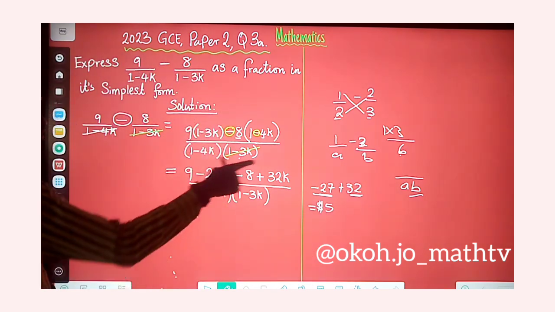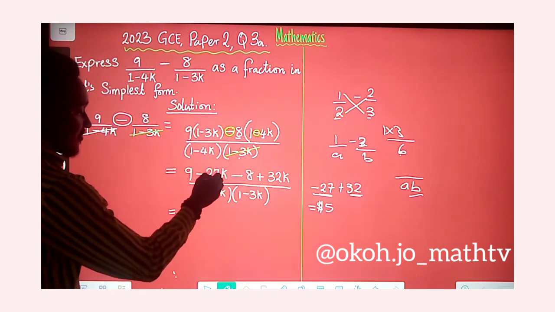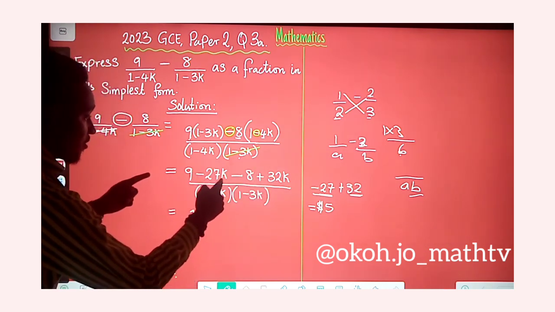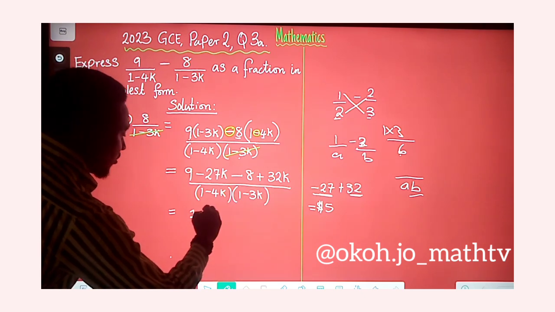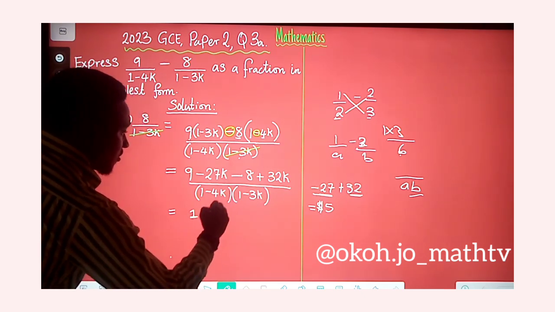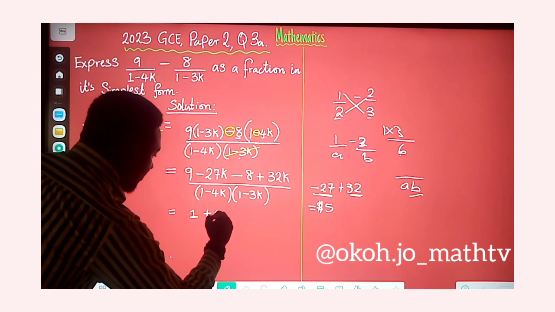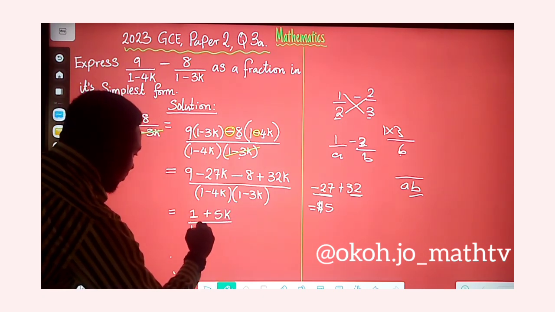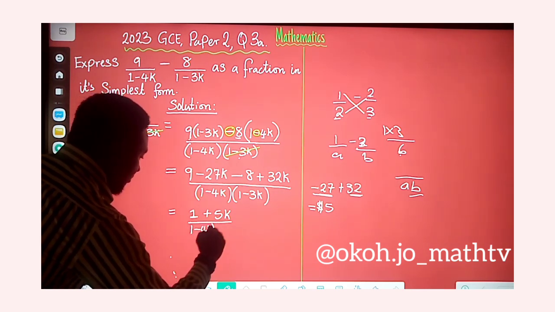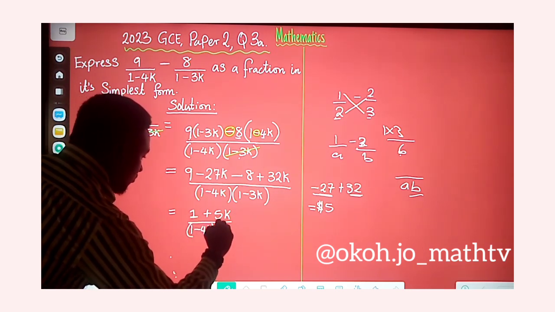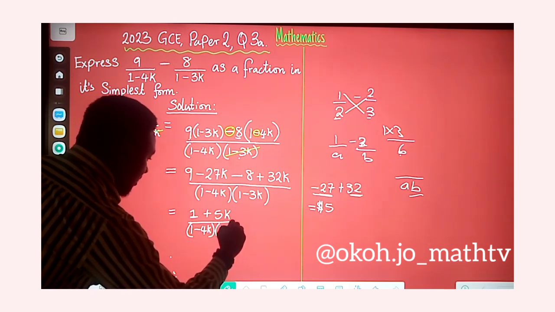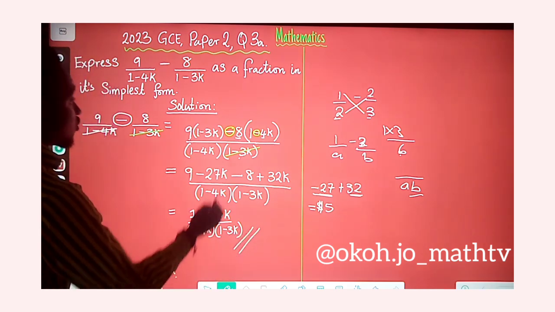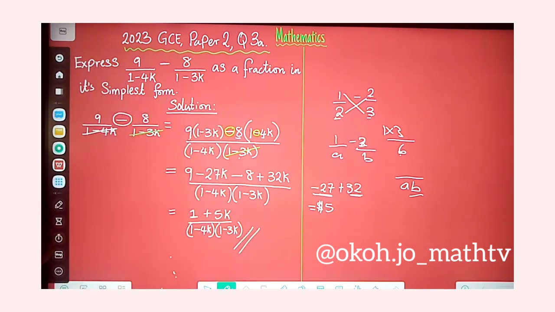So negative 27k plus 32k will be left with plus 5k, all over 1 minus 4k in brackets, 1 minus 3k in brackets. So obviously this is our final answer in simplest form. Is that clear?